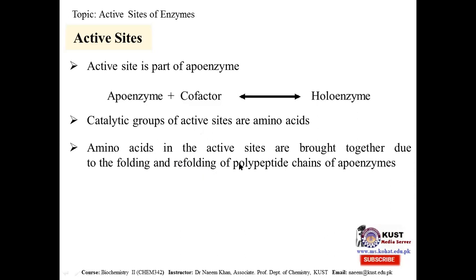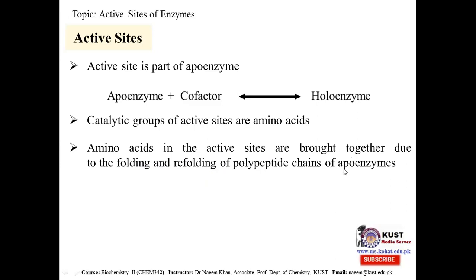In the tertiary structure, there is folding and refolding of the polypeptide chains. So the amino acids in the active site, which are catalytic groups, are brought together from different parts of the whole enzyme due to the folding and refolding of the polypeptide chain.